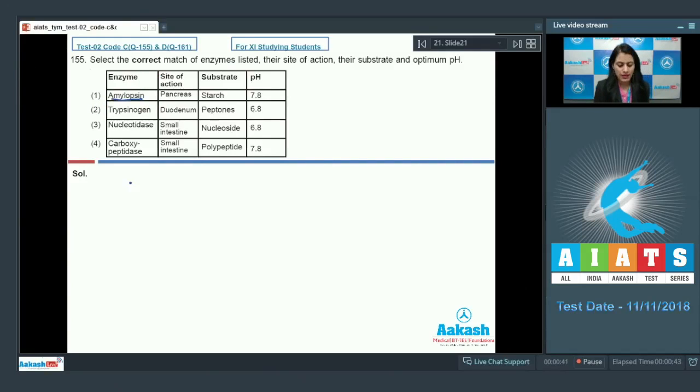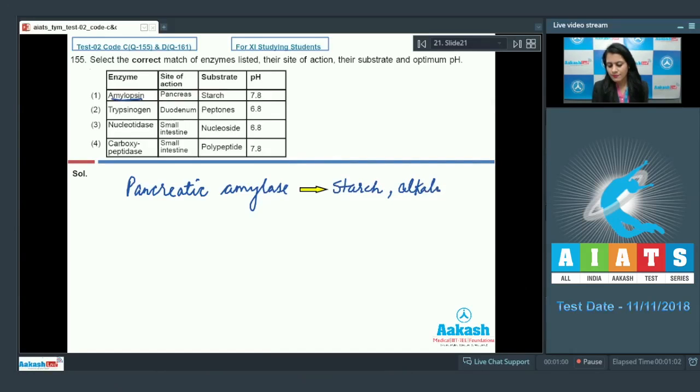Amylopsin, also known as pancreatic amylase, acts on starch at alkaline pH, and the site of action is small intestine. So the very first option is incorrect because for amylopsin, the site of action is not pancreas but small intestine. So this is an incorrect option.